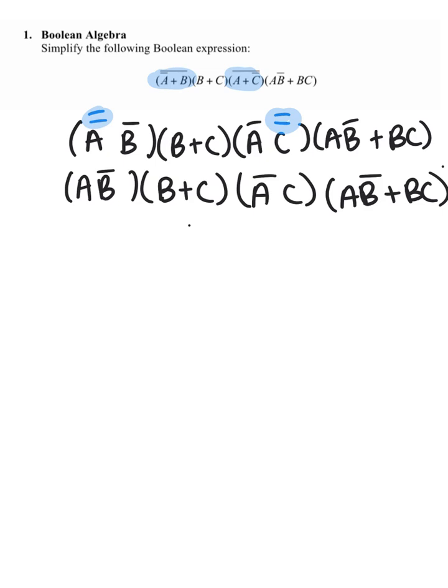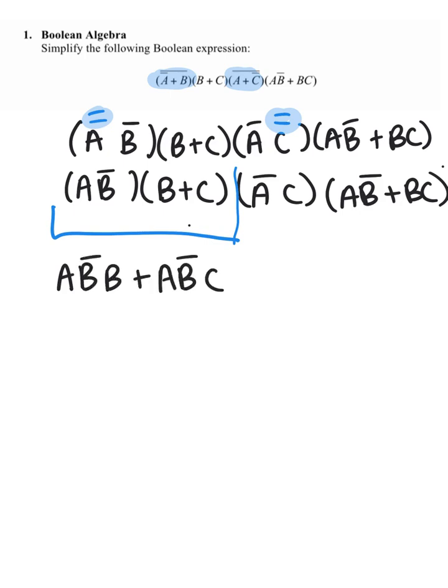I always separate into two groups rather. So I'm just going to take these first two parentheses and multiply them out, and then multiply out the second grouping of parentheses. So the first grouping, these two terms, will give you A not B B plus A not B C, and that's the first grouping.